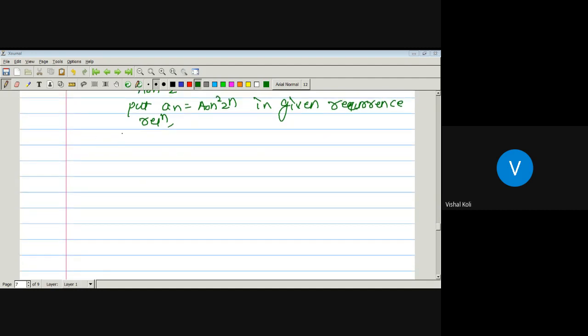So the given recurrence relation becomes a n plus 2, what is a n plus 2? a naught n plus 2 bracket square, 2 raised to n plus 2, minus 4 times a n plus 1, that is a naught n plus 1 bracket square into 2 raised to n plus 1, and lastly plus 4 times a n, that is a naught n square 2 raised to n, which is equal to 2 raised to n.